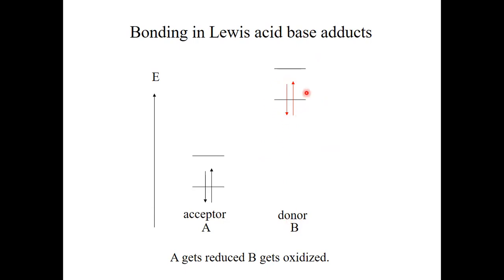Now even the HOMO of B is much higher in energy than the LUMO of A. In this case, we would get practically complete electron transfer, so we would get a redox reaction, and the electrons would be transferred from B to A and form an ionic crystal, whereby A would be the cation and B would be the anion. All right, let us stop at this point.